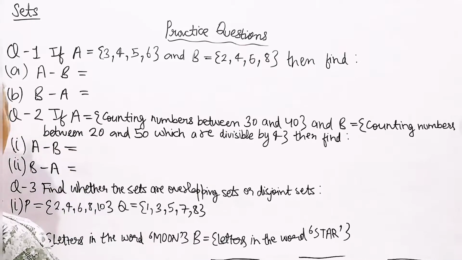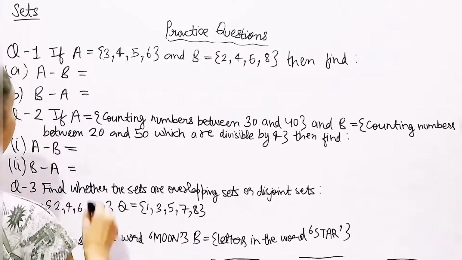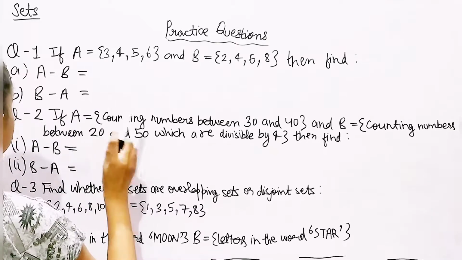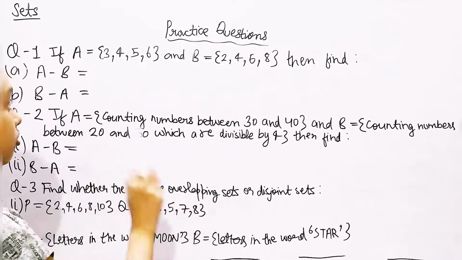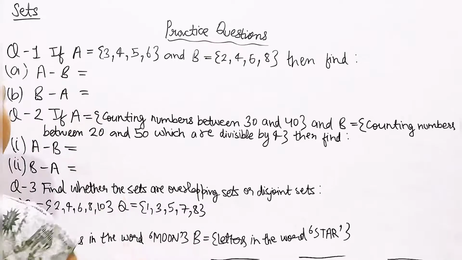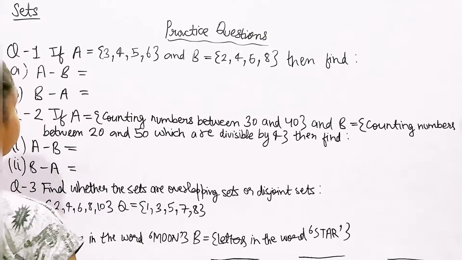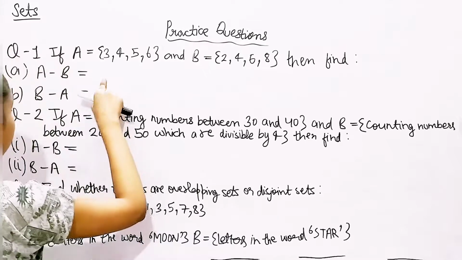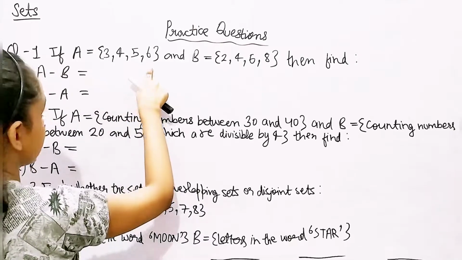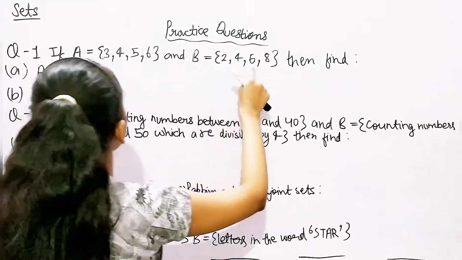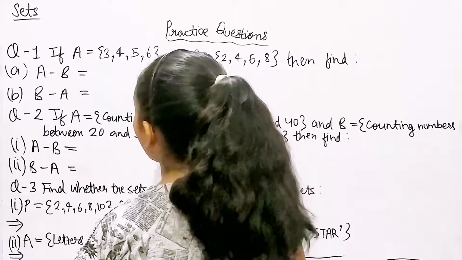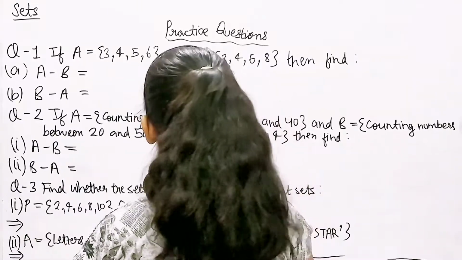So first, according to A, we're going to have a look at which elements are not in set B but are in set A. In set A we have 3, 4, 5, and 6, and in set B we have 2, 4, 6, 8. So what elements are not in set B?